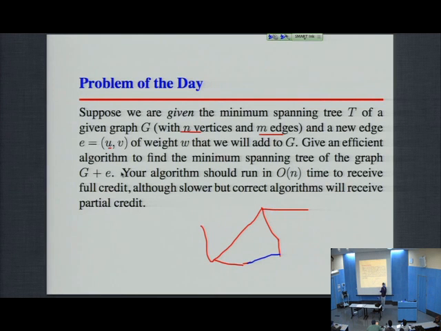Any questions? Yes? It says it should run in O(n), but isn't depth-first search O(n + m)? Okay, so this says it's got to run in order n time, and depth-first search is order n plus m, where m is the size of the graph. What's the problem?